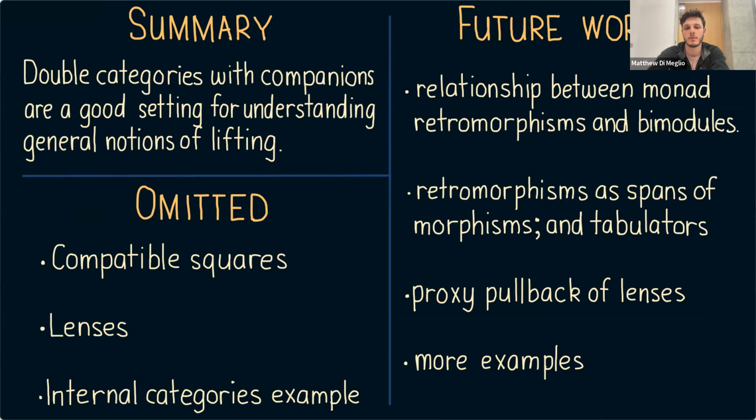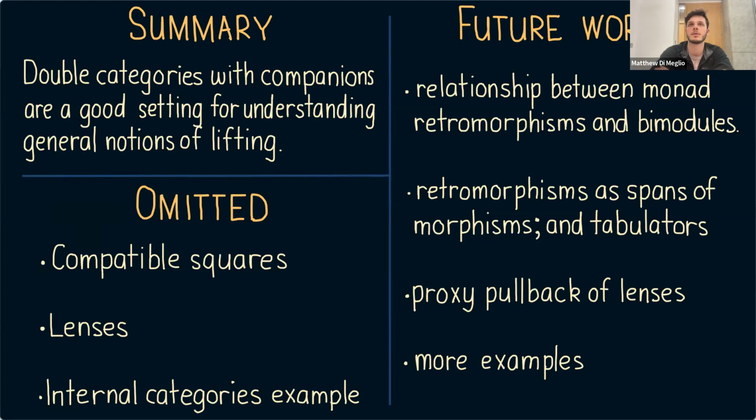And so you can view all sides of these squares of monad morphisms and retromorphisms as really just squares of bimodules. I think there's something to be thought about there in terms of the relationship between these ideas and bimodules.